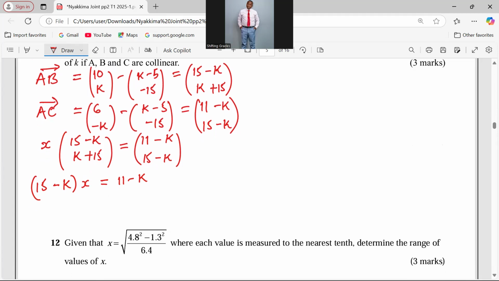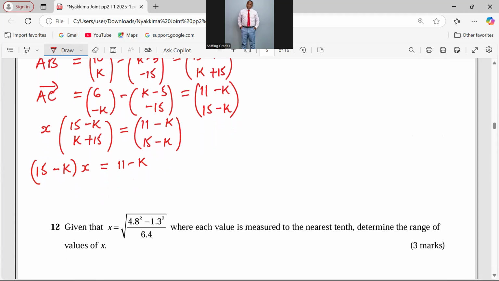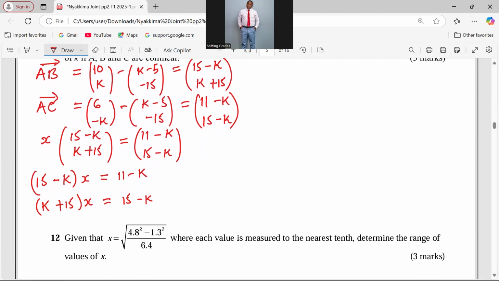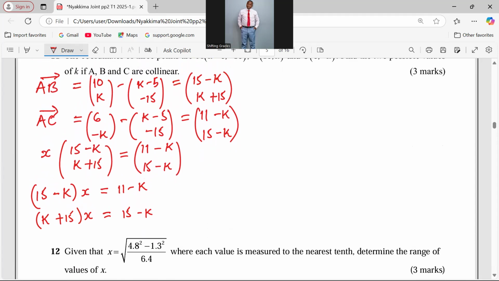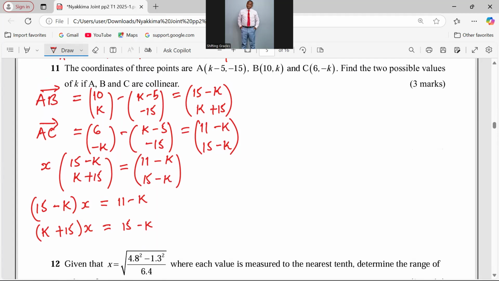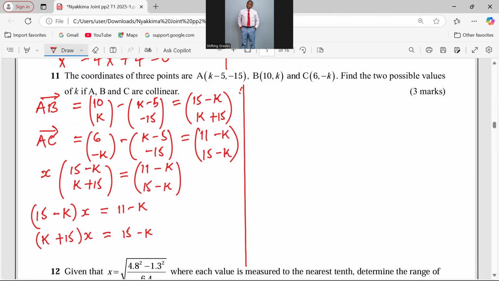Again, k plus 15 multiplied by a constant is also supposed to give us 15 minus k. So now these are what we call two simultaneous equations which are supposed to be solved.